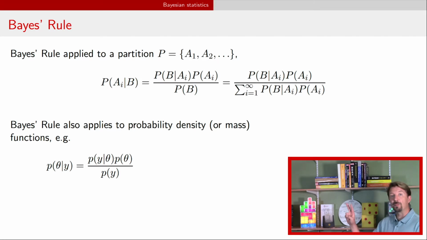We're trying to find the distribution of the things we don't know given the things that we do. And now Bayes' rule is going to allow us to flip the conditioning. So we had on the left side p(theta | y). On the right side we have p(y | theta) times p(theta), all divided by p(y). And the appealing aspect of this equation is that it's going to give us a density or perhaps a mass function on the left-hand side of the equation.